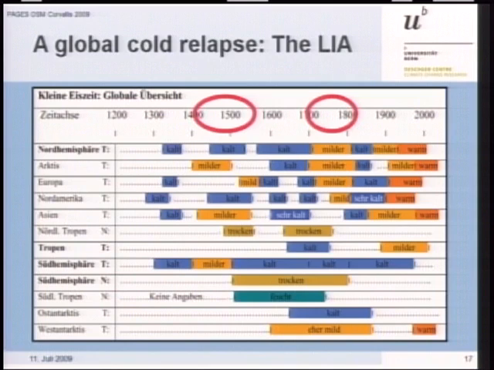We don't have enough data to get a real comprehensive picture all around the world, but we can see that at least we had cooler and warmer periods in several areas from the Arctic area even to the southern hemisphere. Even so, the data availability is not big enough in the southern hemisphere.